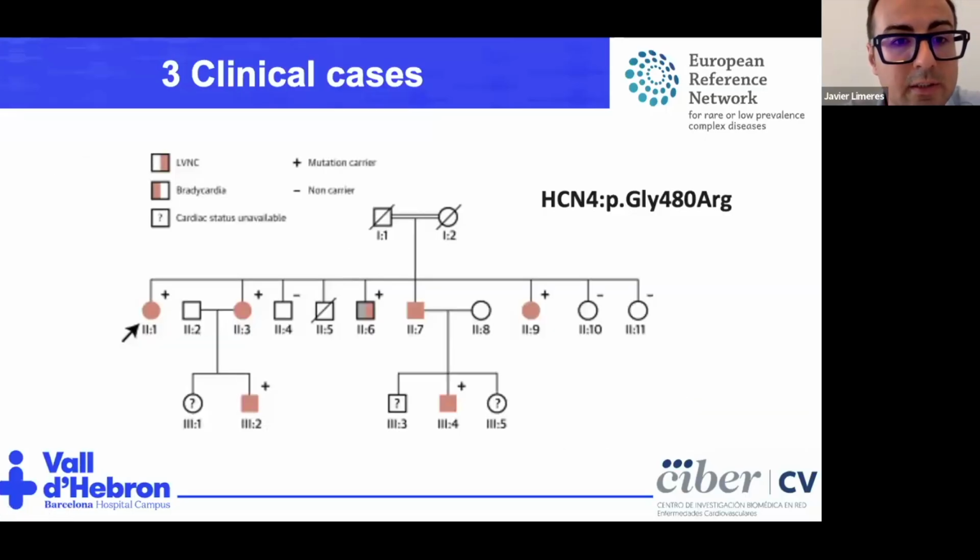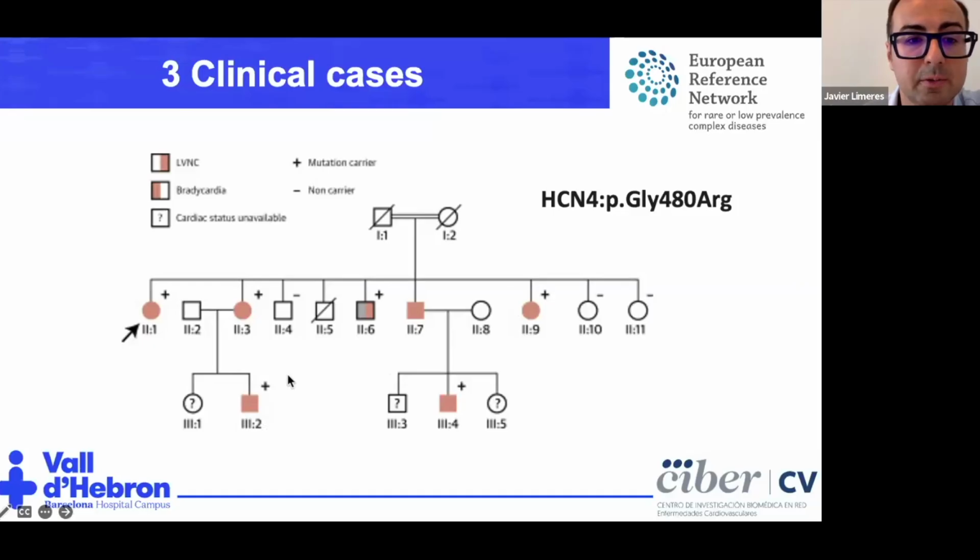And when we asked this patient about other members of the family, other brothers, sisters and other members have bradycardia, necessitating a pacemaker or another system to treat the bradycardia.